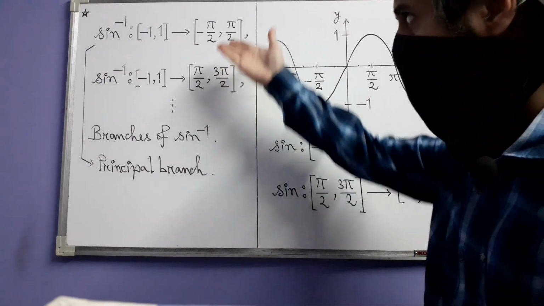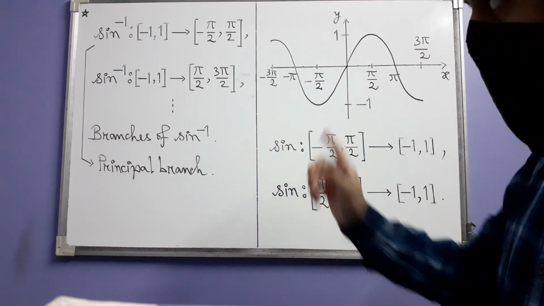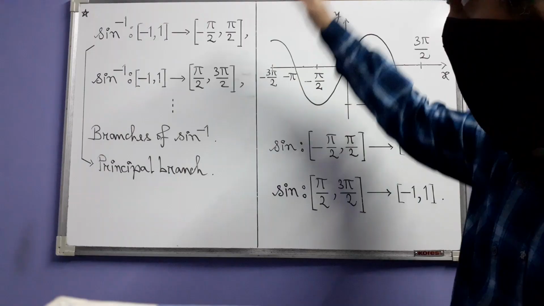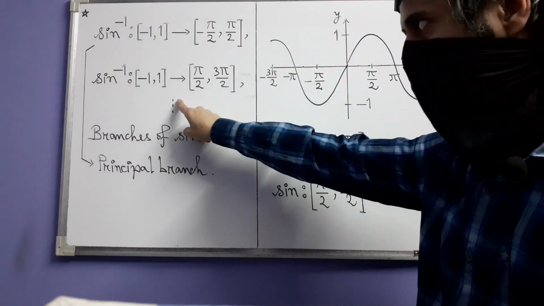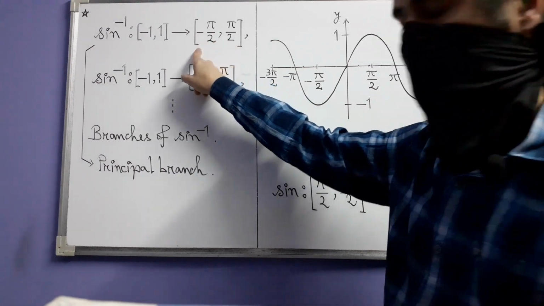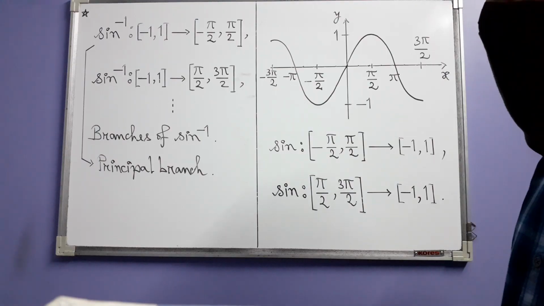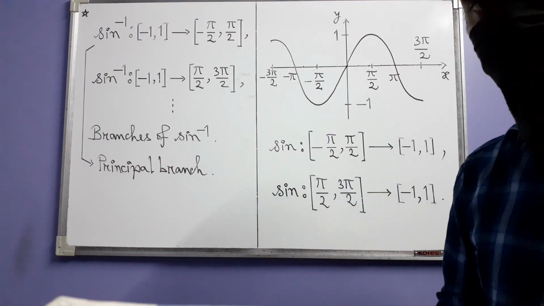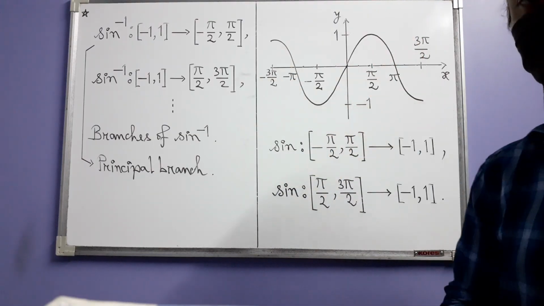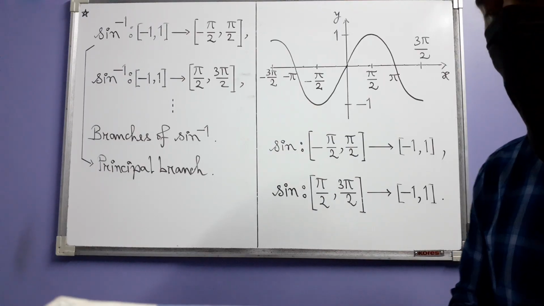For that function, these are the branches or its parts, which are legitimate functions. And among these infinitely many branches, that's why I have put here these 3 dots, this specific function is called the principal branch. For the other trigonometric functions also, we have such inverses of their restrictions, where the restriction becomes bijective.